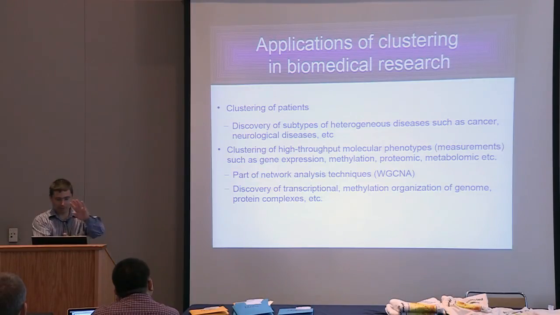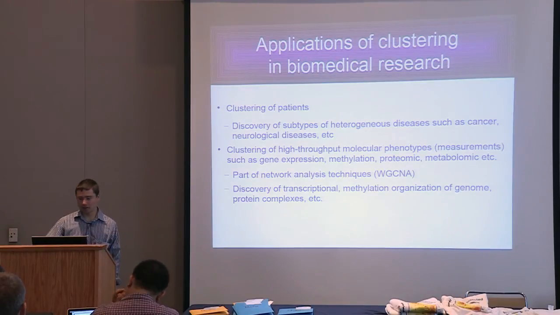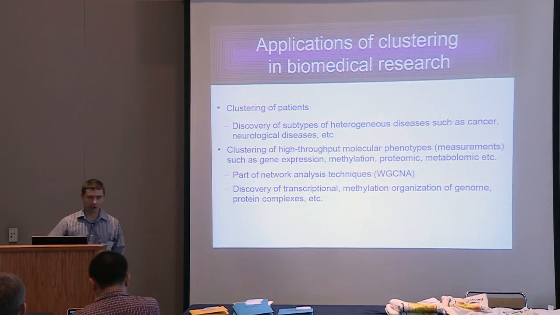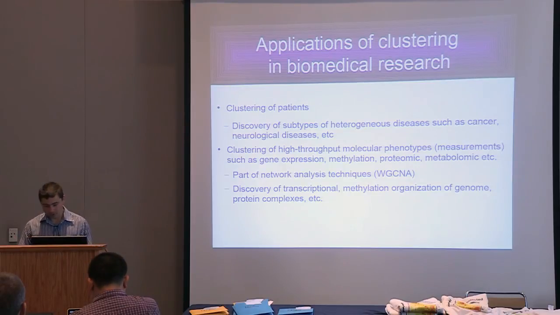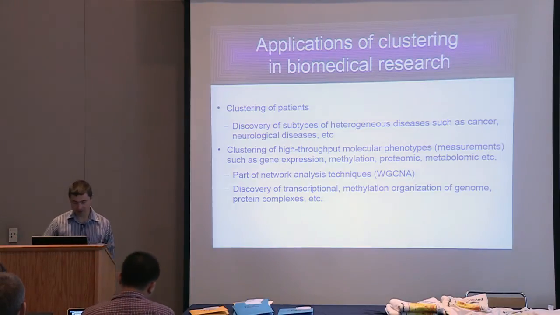Or you can flip the problem on its side, and instead of clustering patients, you can cluster the high throughput molecular phenotypes that you measure. It could be gene expression, it could be methylation, it could be proteomic. You could even try to cluster genotype, although that's usually not as useful.